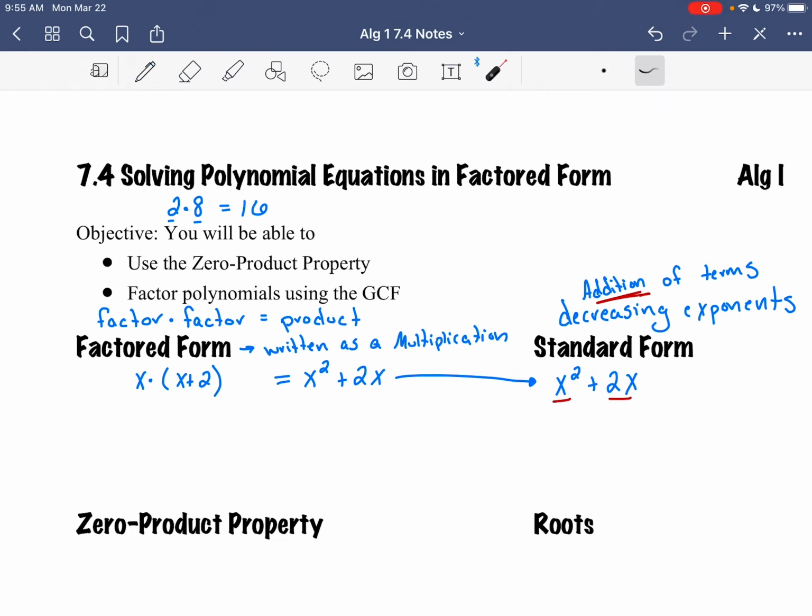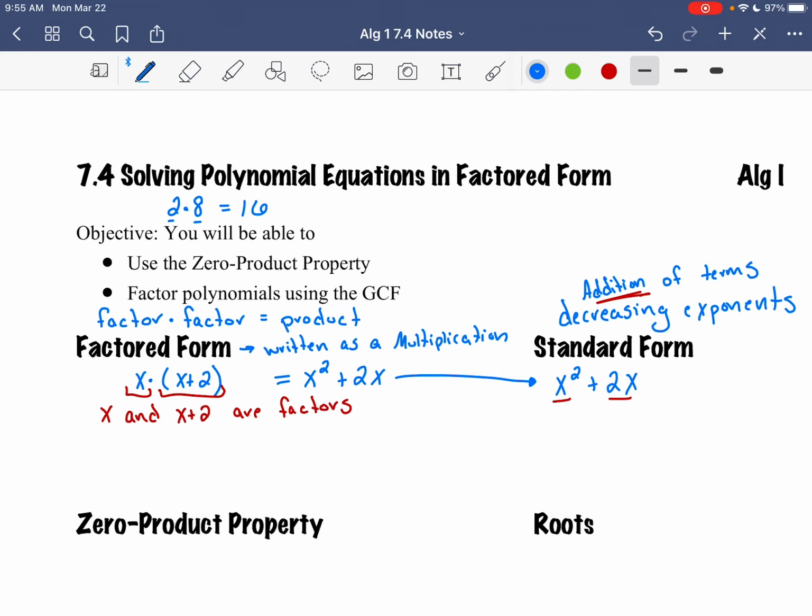But this is what we call factored form because it's an x times the x plus 2. And so the two factors are the things being multiplied. I'm multiplying the x and the x plus 2. So the x and x plus 2 are factors because they are the numbers that we're multiplying. Okay.